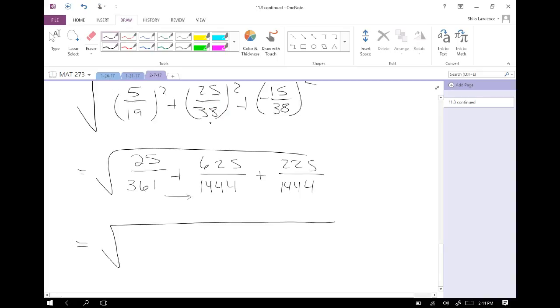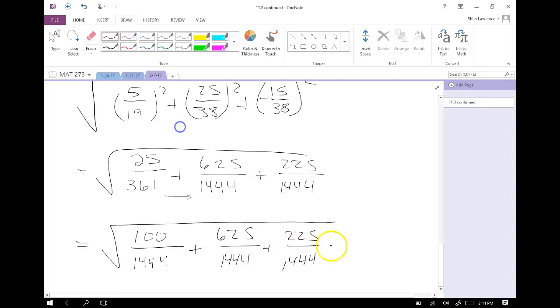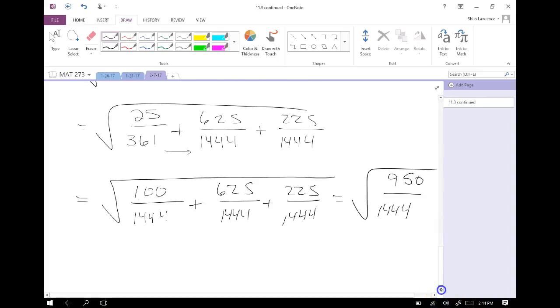So we're going to multiply top and bottom by 4 here, so that's 100 over 1444. So now they've all got like denominators, we can add the numerators. 950. Square root 950 over 38.